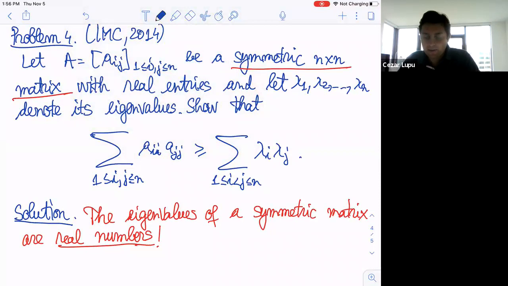All right, so now let's see. What if we square this inequality? You see we have this a_i, a_j, lambda_i, lambda_j.